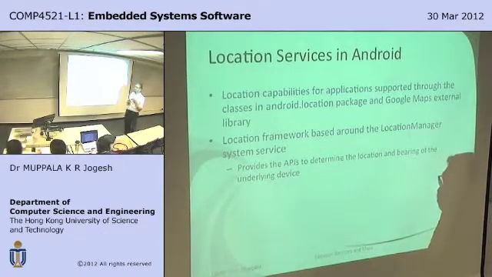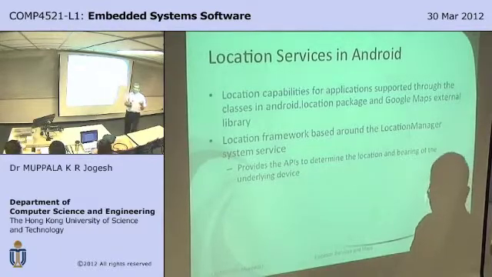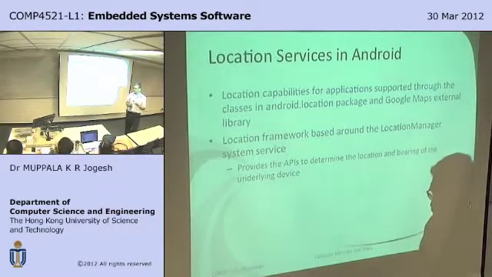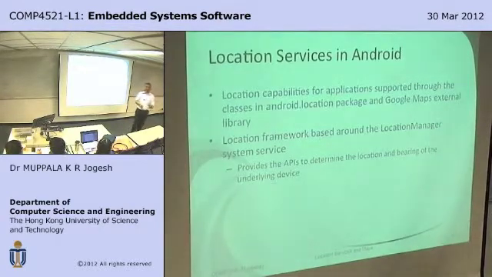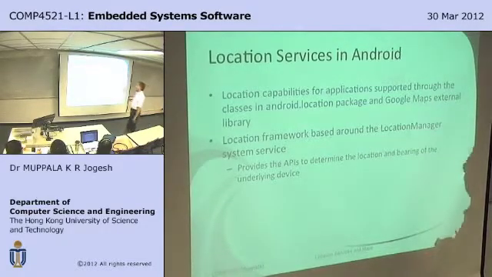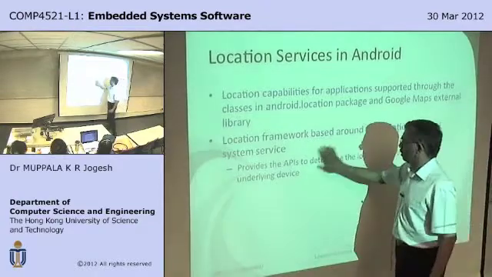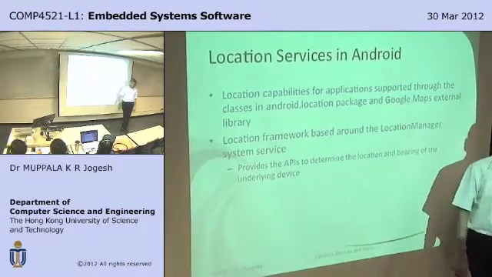So if you're looking for a particular kind of information to be delivered from your Android device, if you're trying to extract, look and see if there is a corresponding manager available to you. This manager will make a certain set of methods available to you through which you can acquire this information. So these managers provide the APIs for you.